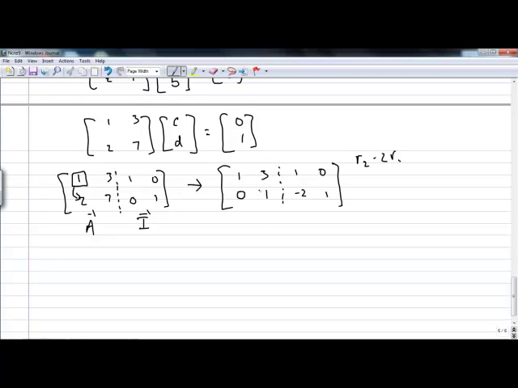My next elimination step, I'll use this pivot to eliminate the 3 above it so that I can get an identity matrix on the left-hand side.